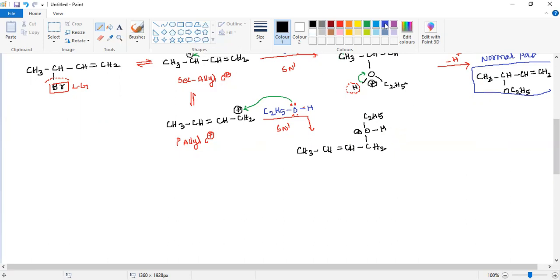For the bonding to be correct, this hydrogen should go away on breaking as the oxygen attacks. So how do we write the product? H removal. Then this is CH3 CH, double bond CH, single bond CH2 OC2H5.